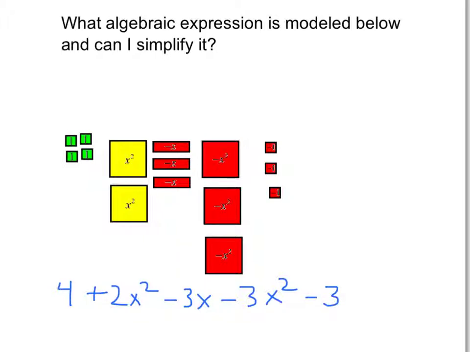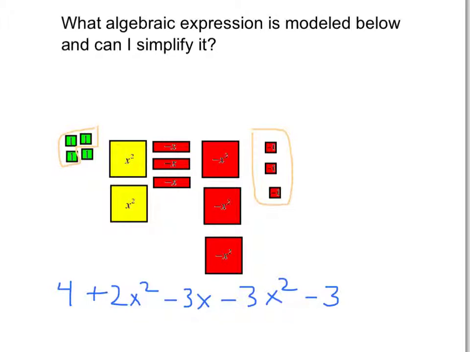Now then I'm going to identify my like terms. I'm going to put these 4 ones, or actually I can only use 3 of those, right? Because I have these 3 negative ones over here, and that can zero out 3 of these positive ones.